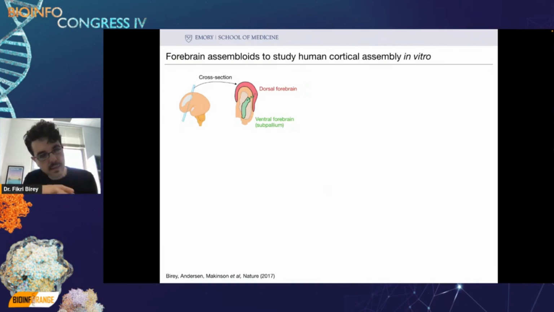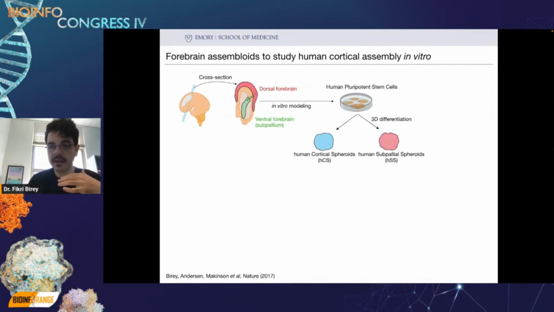So when we started thinking about how to build a fuller model of the developing cortex to incorporate these interneurons, the strategy we took was to separately generate the ventral forebrain spheroids, which we called human subpallial spheroids.